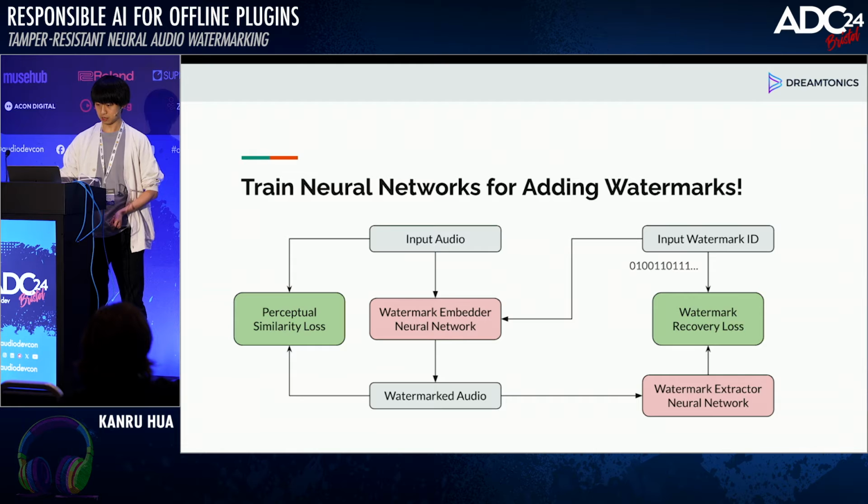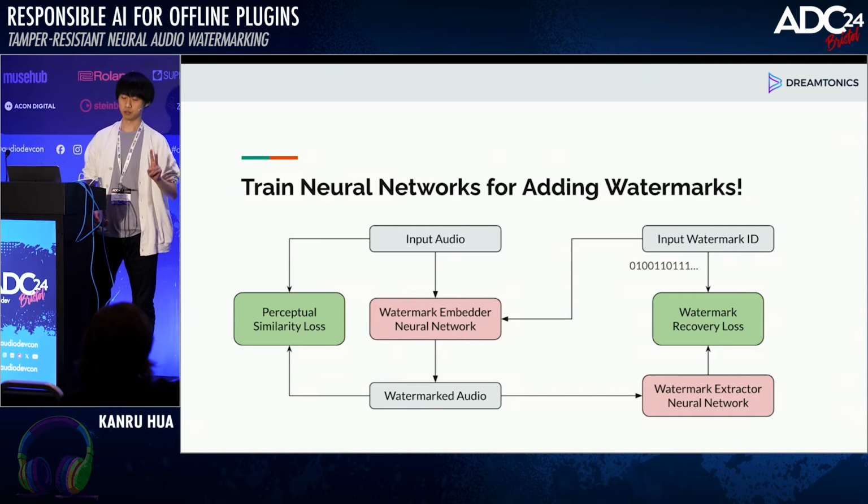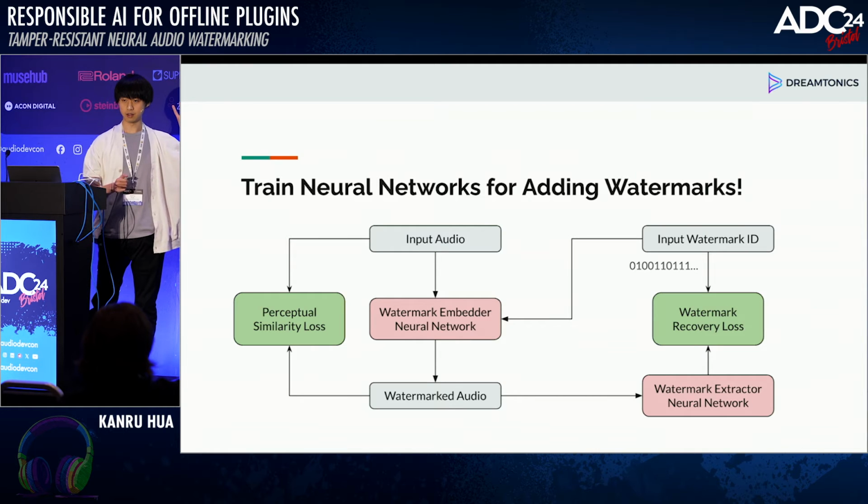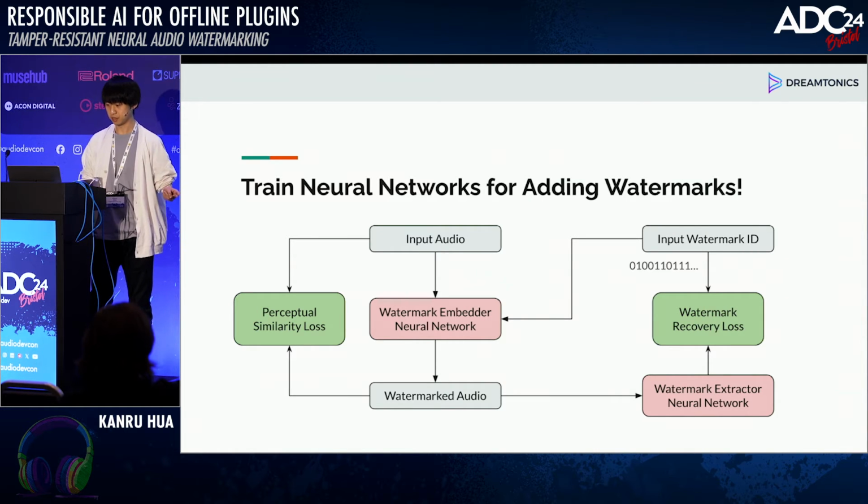I did some study, and in general, they can be generalized into a paradigm where you have two parts of a neural network. One is for adding the watermark to the audio. It's called the embedder. The other one takes the watermarked audio and uses that network to extract the watermark.